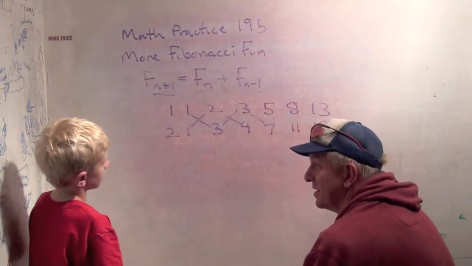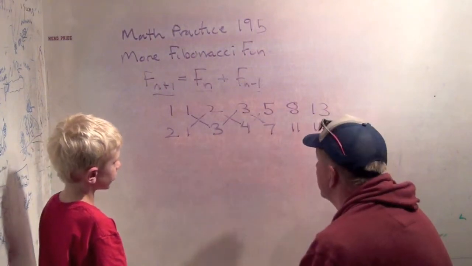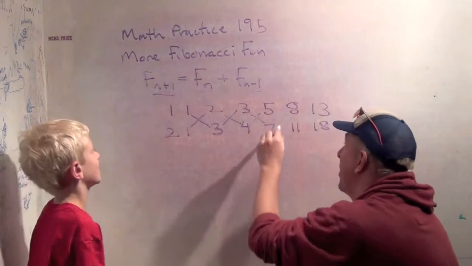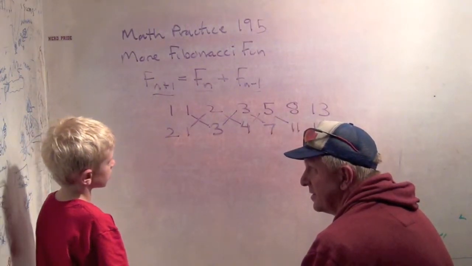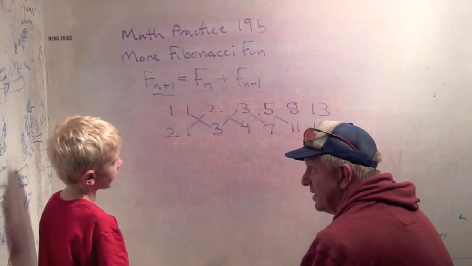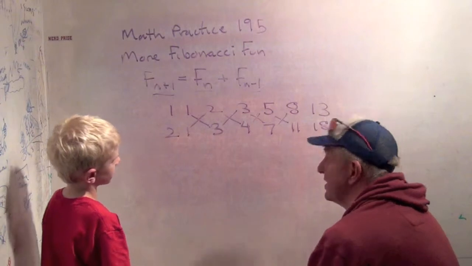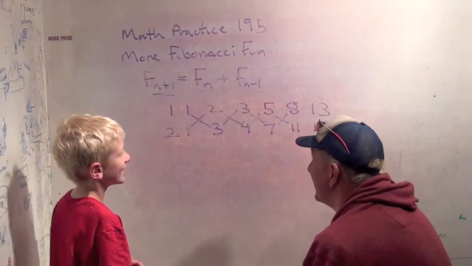3 times 7 is 21. 4 times 5 is 20. What's the difference? 1. 5 times 11 is 55. What's 7 times 8? It's 56. What's the difference? 1. Whoa!